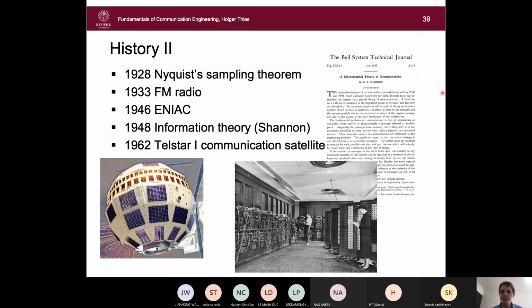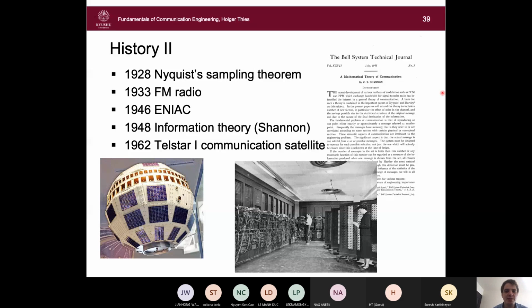So with all those inventions that have been made in the end of the 19th and the beginning of the 20th century, it became more and more important to also understand the theory behind communication.